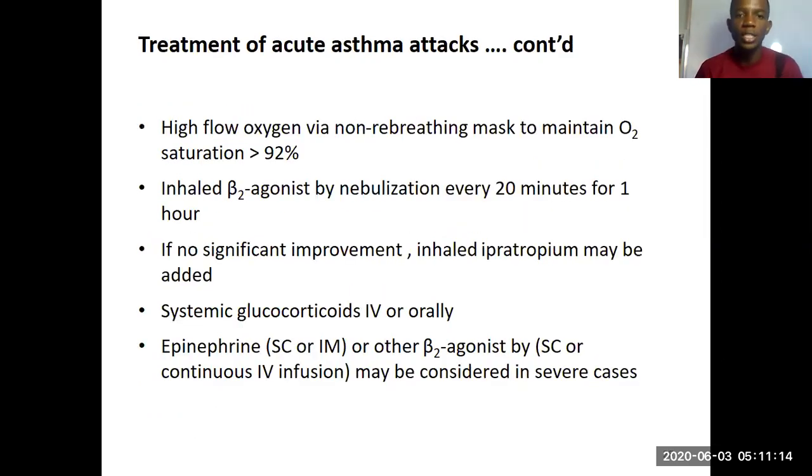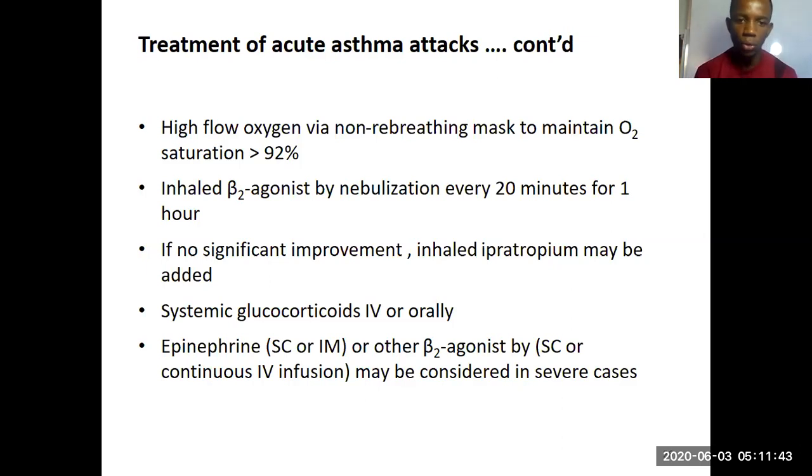High flow oxygen via non-rebreathing mask to maintain oxygen saturation at more than 92%. Inhaled beta-2 agonist by nebulization every 20 minutes for 1 hour. If no significant improvement, inhaled ipratropium may be added. Okay, so this is us treating the acute asthma attacks.